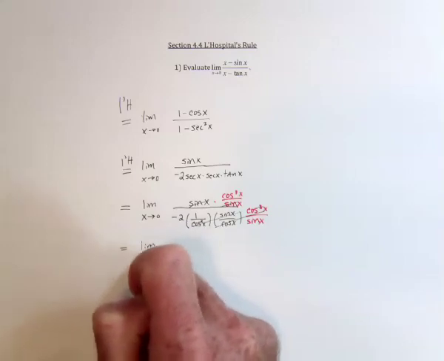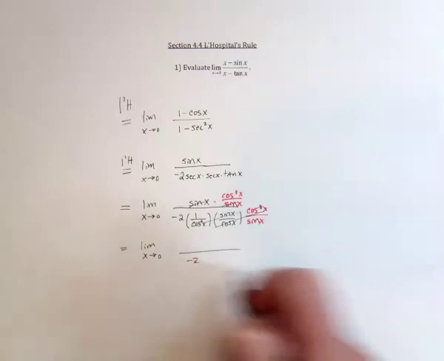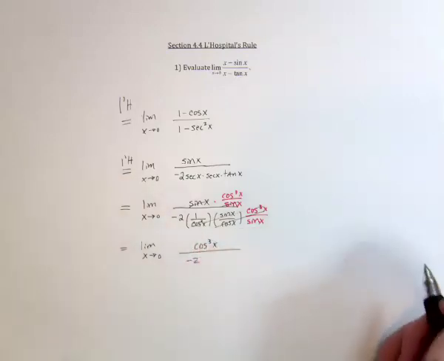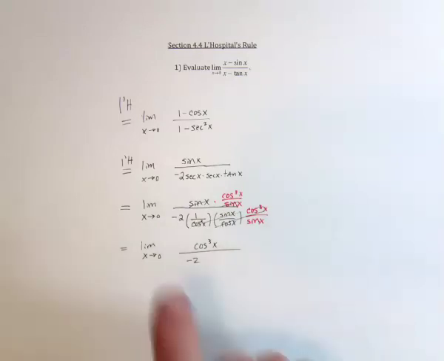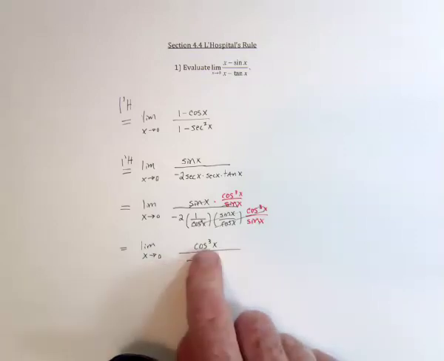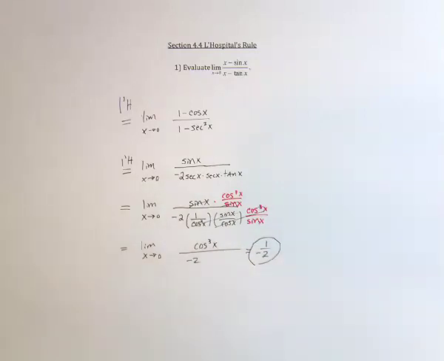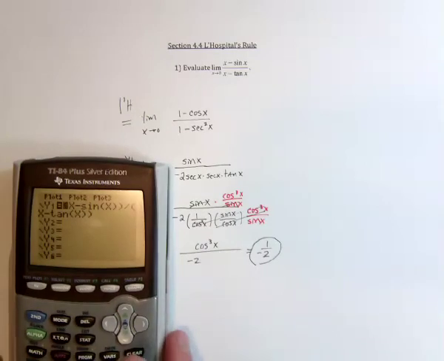So after doing a little bit of trig work and algebra, we have just a negative 2 on the bottom and a cosine cubed for the numerator. And we've got it, because now substitute a 0, cosine is equal to 1 at 0. Cube that, it's still a 1, so we get 1 over negative 2. So negative 1/2.